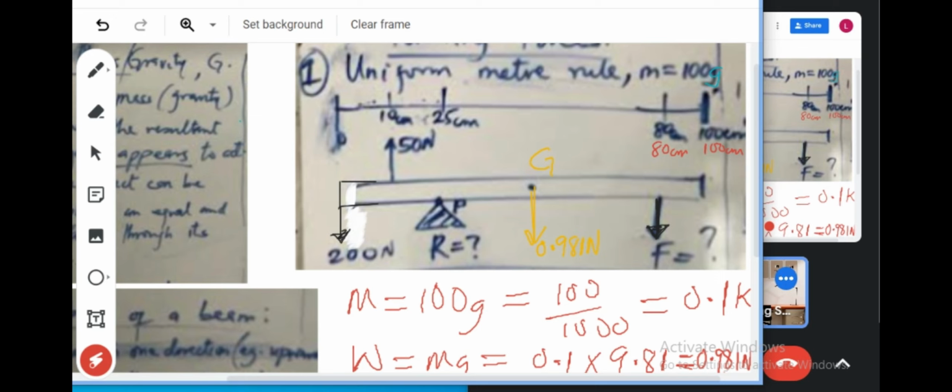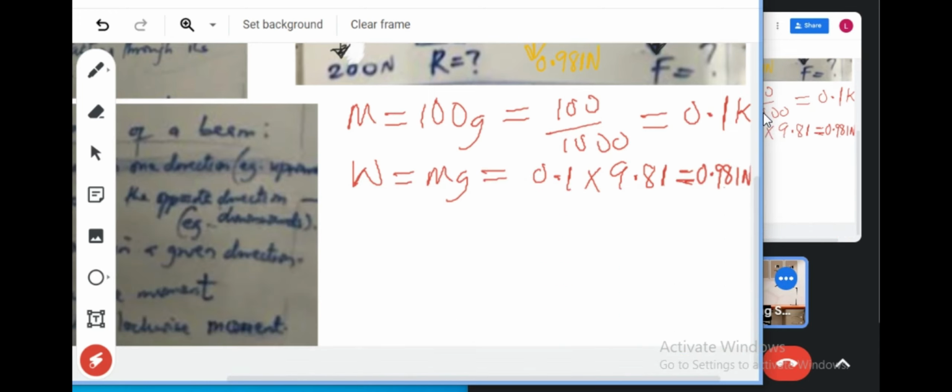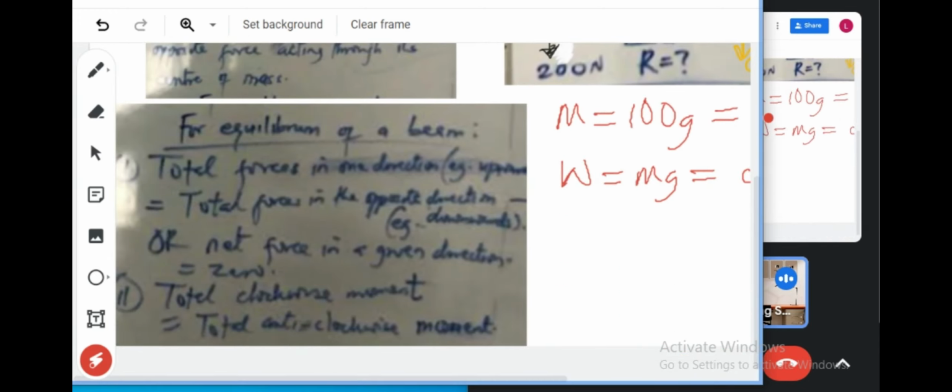Just say them. Total force in one direction must equal total force in the opposite direction. And total clockwise moment must equal total anti-clockwise moment.